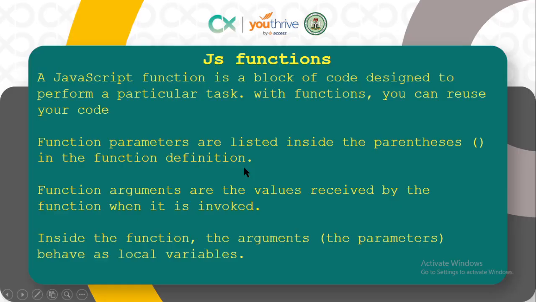So this is all about functions. I believe with this, we now know what a function is, and how to create our own custom function, either using the normal function or the arrow function.